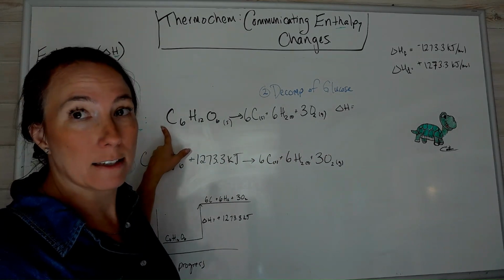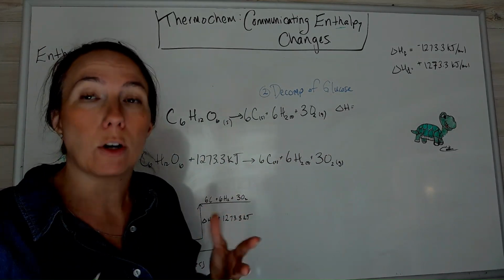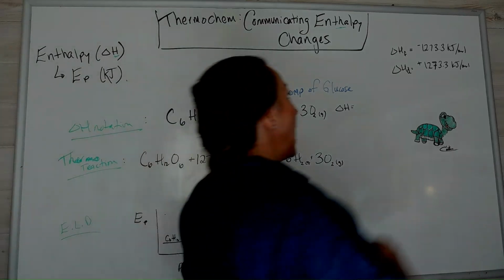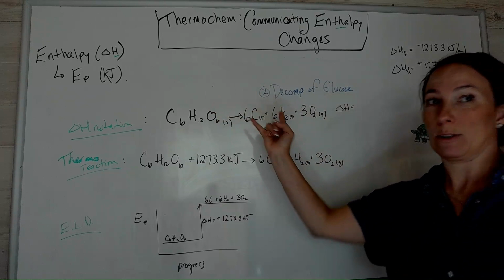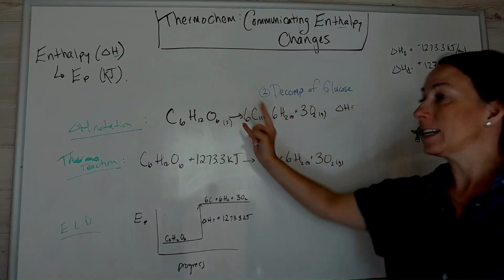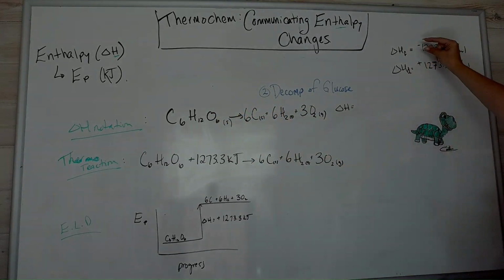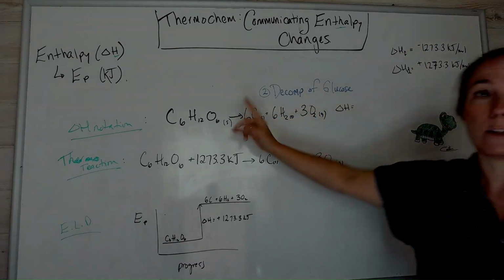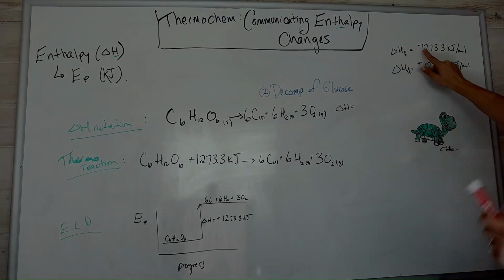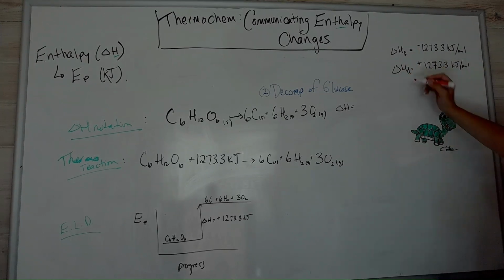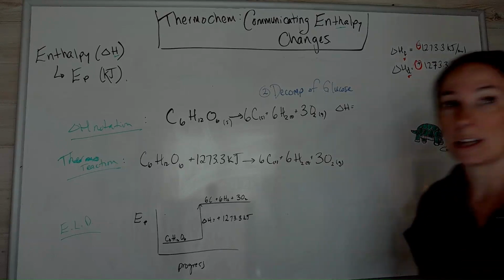Where am I going to find this delta H? When I look at my data booklet, which is full of formations, I remember that this is a formation reaction if it was flipped. So if it is flipped, I can then just switch the sign, okay? Flippy, flippy, switchy, switchy. So if in my data booklet it tells me the formation of glucose is negative 1273.3, then the decomposition is going to be positive 1273.